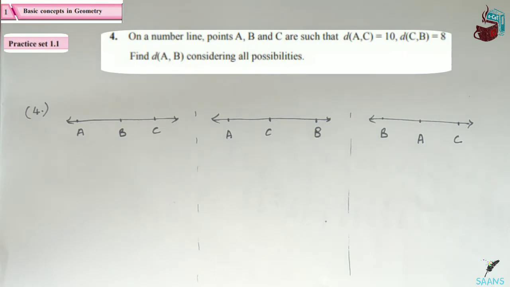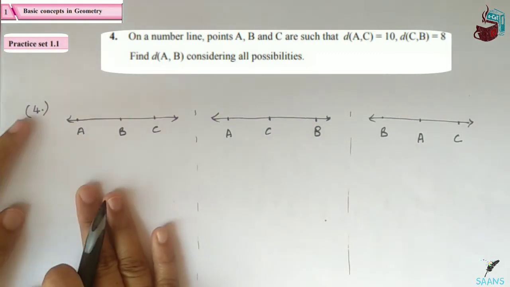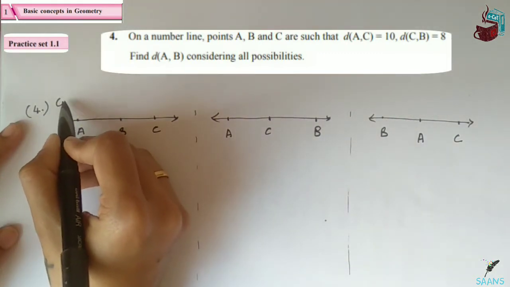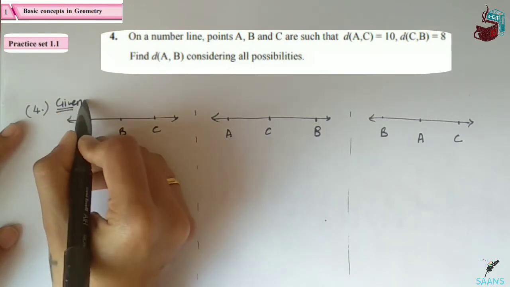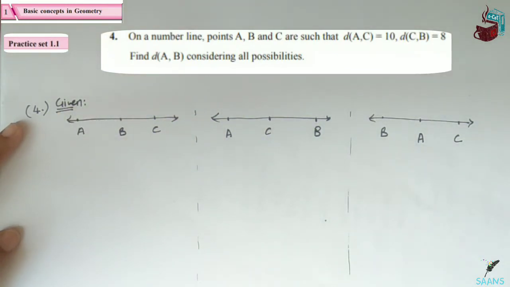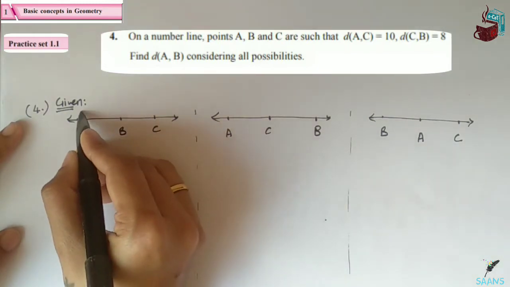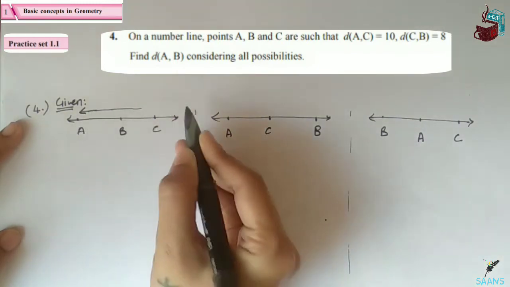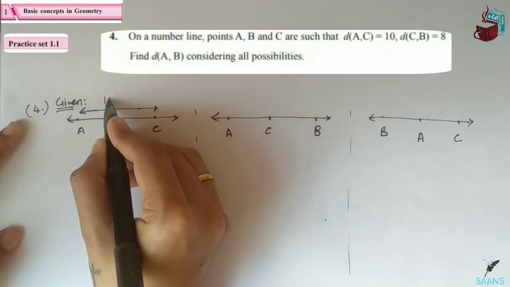Let's see, they've given us 2 distances. Let us find AB with the help of these 2 given. So in this case, we will take it for the diagram itself. On the number line, A, B and C are such that distance AC is 10 units, so this whole thing is 10 units.